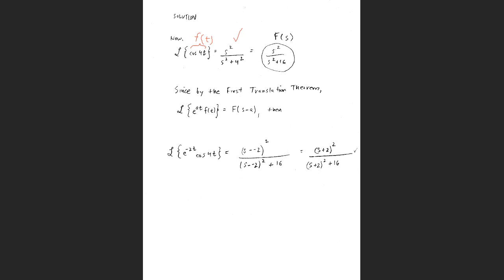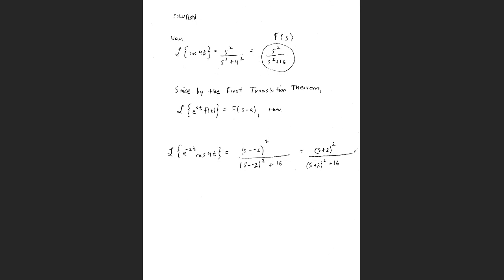That's right from the table, this formula here with k equal to 4. So this gives you s divided by s squared plus 16, and I denote that as big F of s.